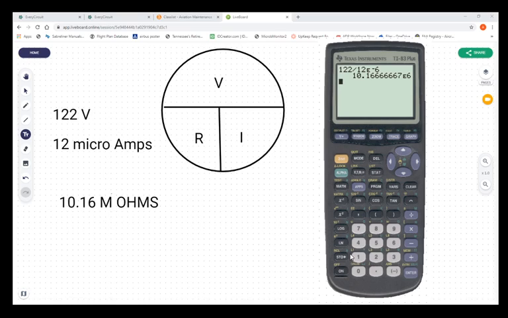So again, the formula is 122 divided by 10.16, second, double E, engineering, and I know that's going to be a positive power of 10 to the sixth. So let's see if we come out right.